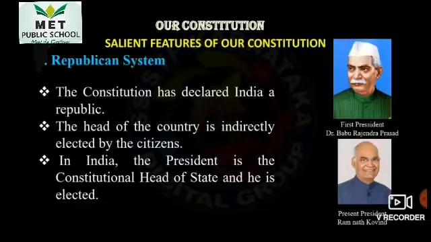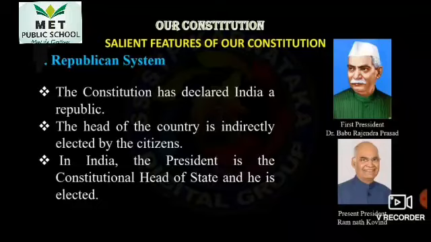During the time of kingship, after the death of the father, the son used to come to power on the basis of the hereditary principle. But in the democratic form of government, we have the republican system. The head of the country is indirectly elected by the citizens.